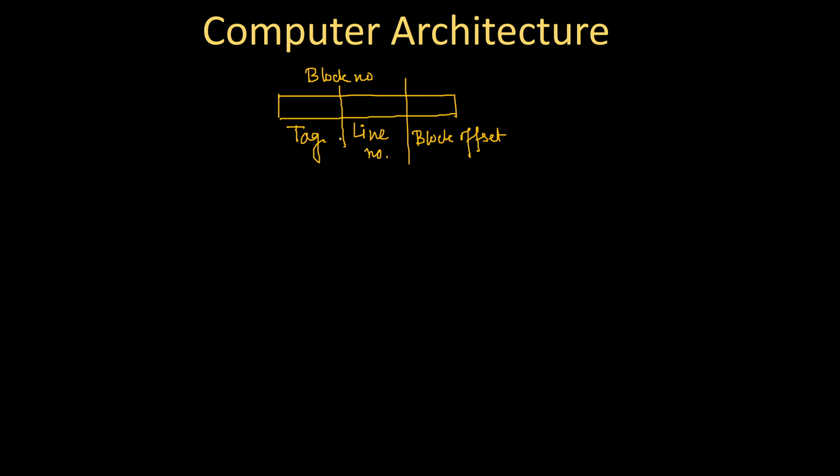That means when a physical address is generated by a processor and it is checked in the cache, what happens? The system will not search the entire cache location. Depending on this line number, it goes exactly to that line first.